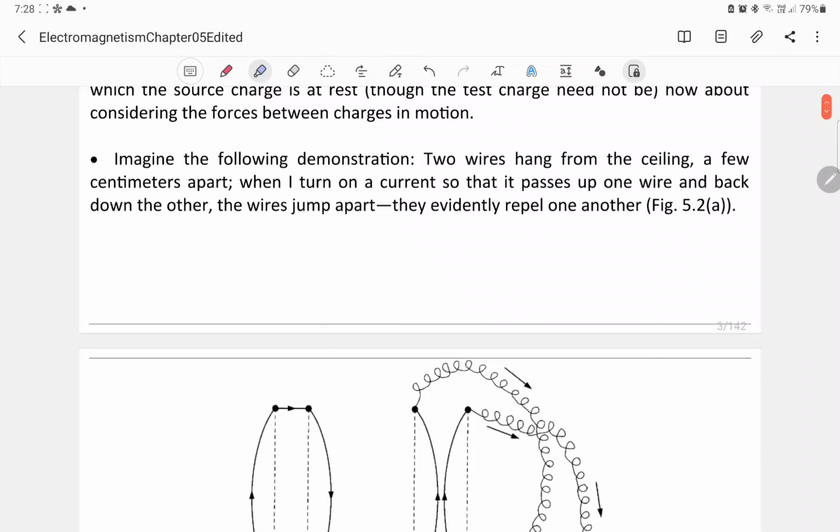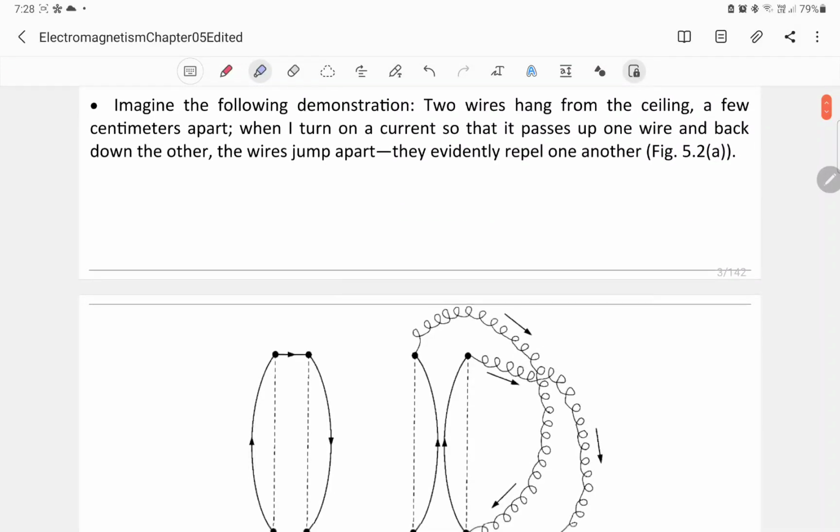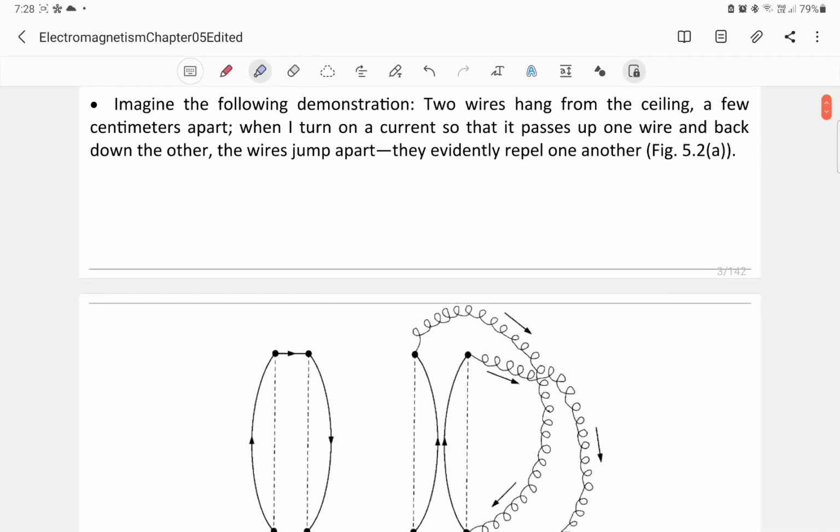Now let's look at this experiment. Two wires hang from a ceiling a few centimeters apart, and when the current is turned on, so it passes up one wire and back down the other, the wires jump apart.